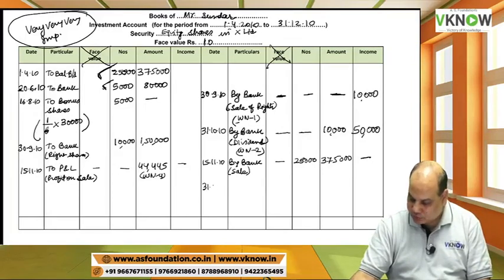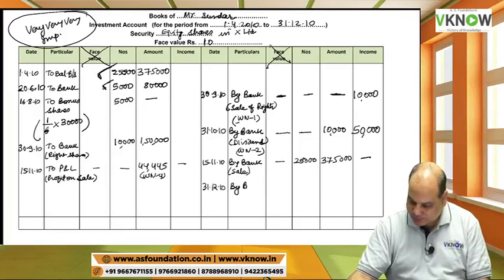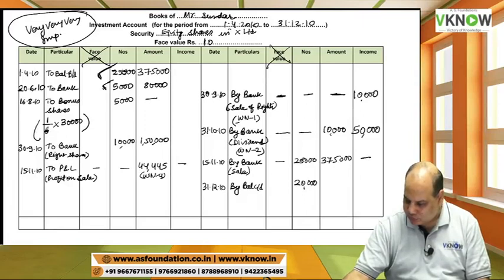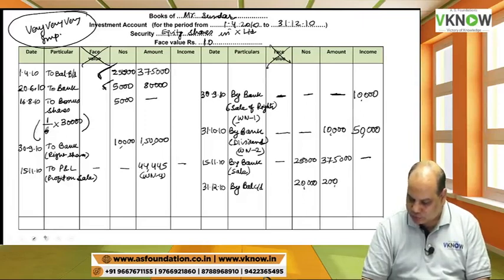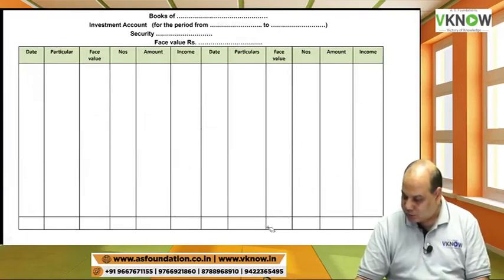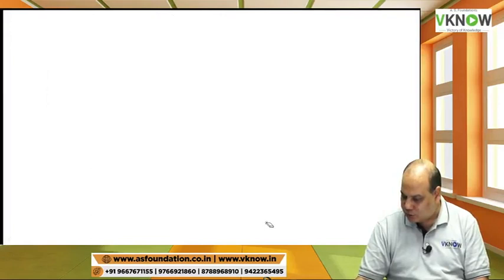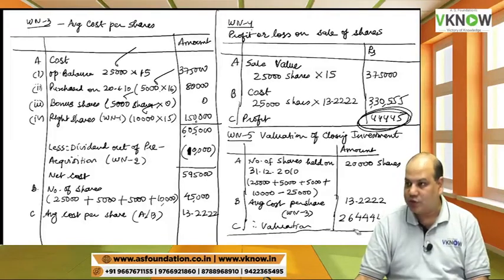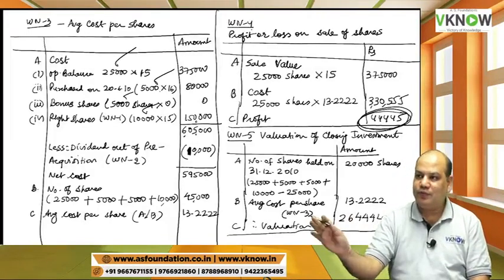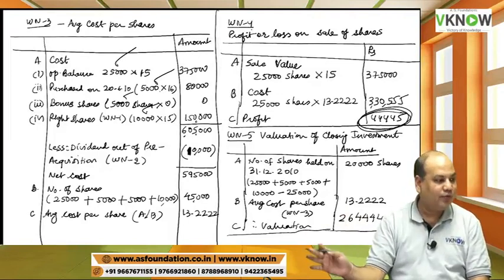And now you write down here 31st December 10, by balance carried down. The number will be 20,000. The amount will be 2 lakh? Not 2 lakh. We have to go to working note 5, on the screen below, right side: 2,64,444.